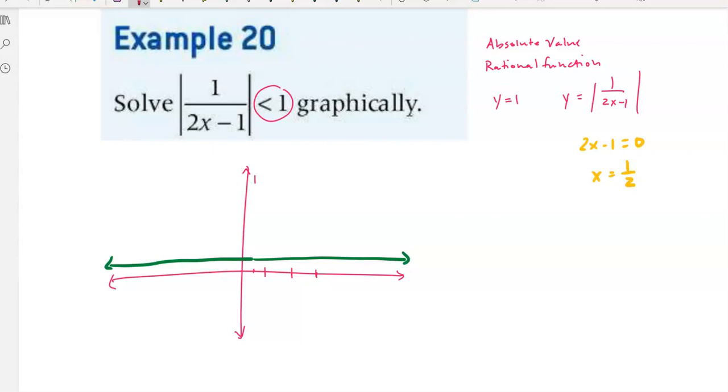This is my asymptote right here. And just because that's an absolute value doesn't mean that you can have that 0 exist in the denominator. It's still going to be a restriction. It's still going to be an asymptote. And also y equals 0 is going to be an asymptote. So that's going to be the other asymptote.